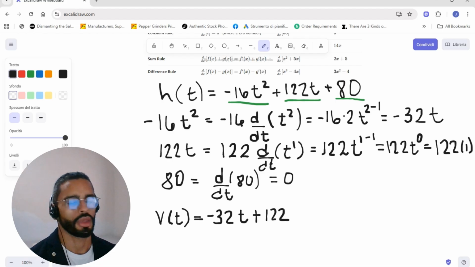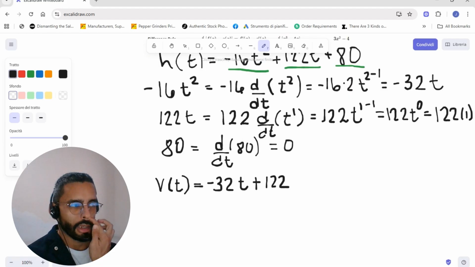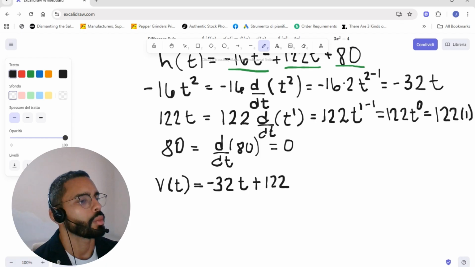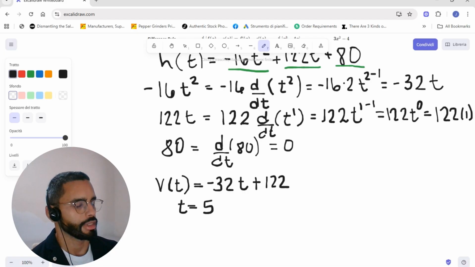Great. So what if I wanted to know the velocity after 5 seconds of being thrown in the air? Exactly. We will make our t equal 5. We will plug the 5 in the equation.